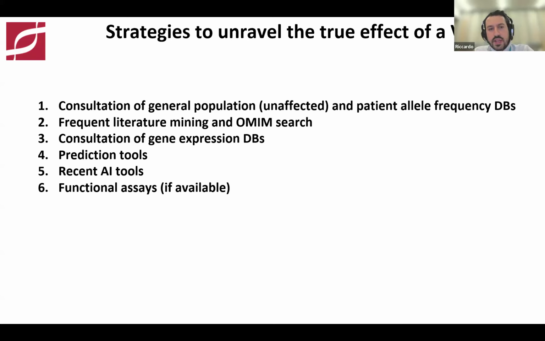Also, I will discuss that it's very important to recurrently perform literature searching and OMIM search. I will give some examples for that as well. I will discuss how extra insights and information could be achieved by consulting gene expression databases. And finally, in the second part, I will talk about prediction tools, recent AI tools, and also functional assays, which are not available for every variant. I want to just start by mentioning that, and I will explain why.